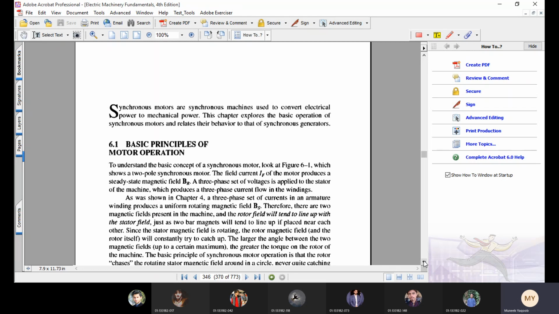But what happens is that the rotor's magnetic field tries to catch up with the stator's magnetic field, and in an effort to be aligned with the stator's rotational magnetic field, the rotor's magnetic field, and hence the rotor, starts rotating. So this is the starting principle of a synchronous motor, that we provide a three-phase set of voltages to the stator's winding.